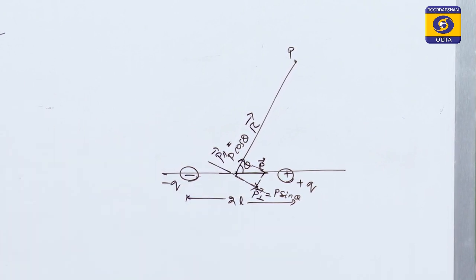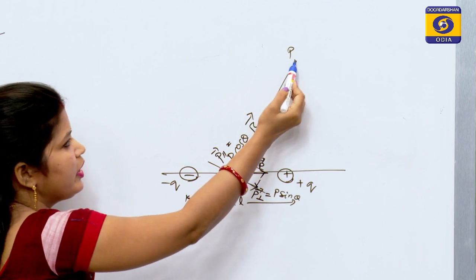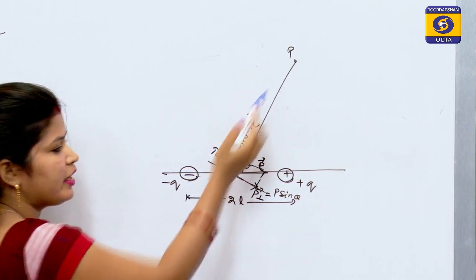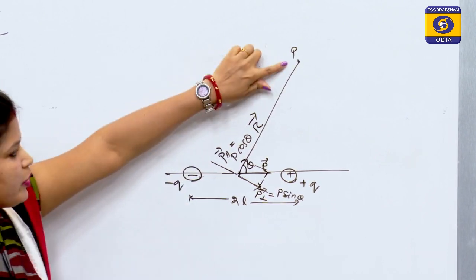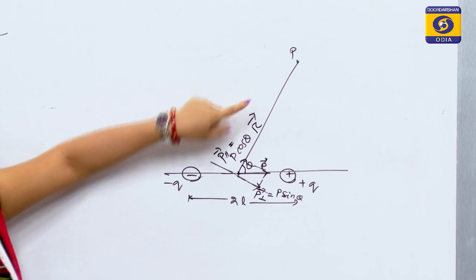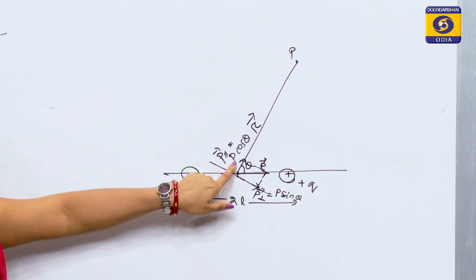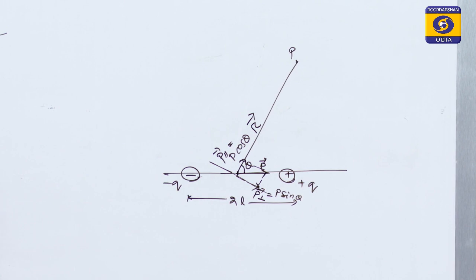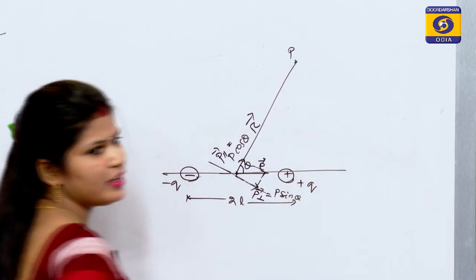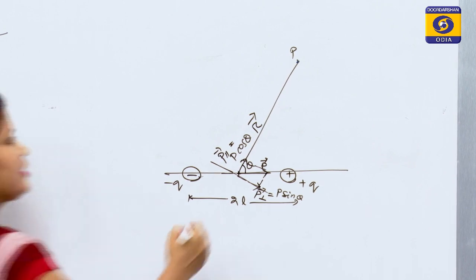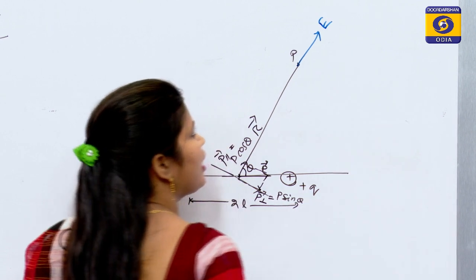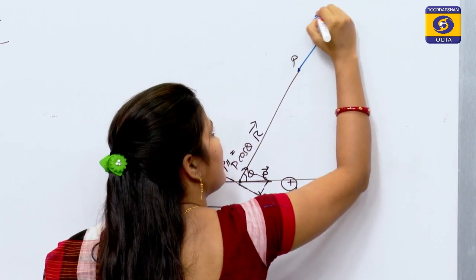From the figure you can see that point P lies along the p cos theta line. That is, point P lies on the axial line of a dipole with dipole moment p cos theta. So, the electric field intensity will be along p, that is E parallel.